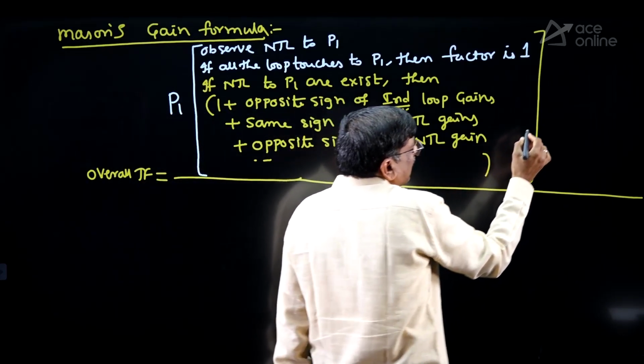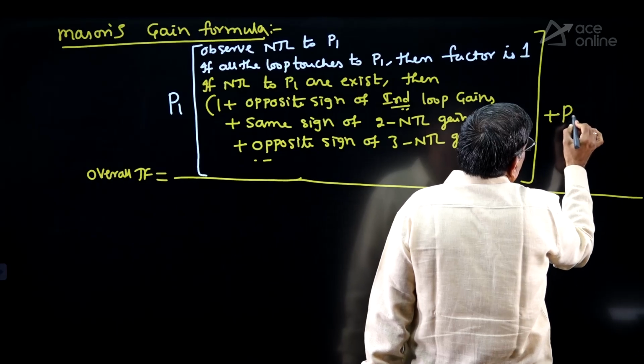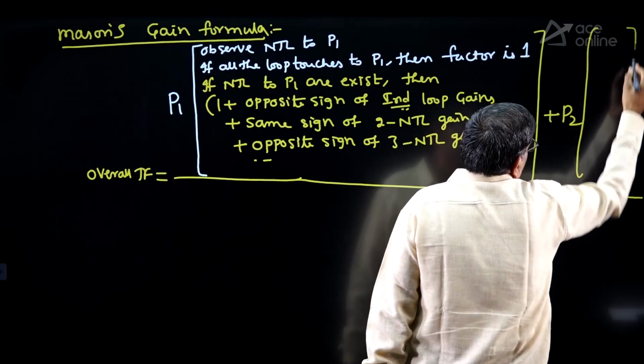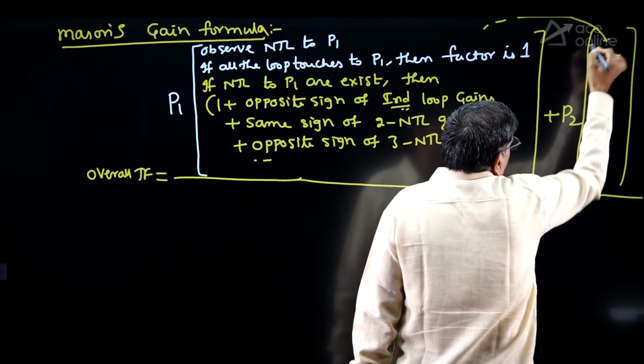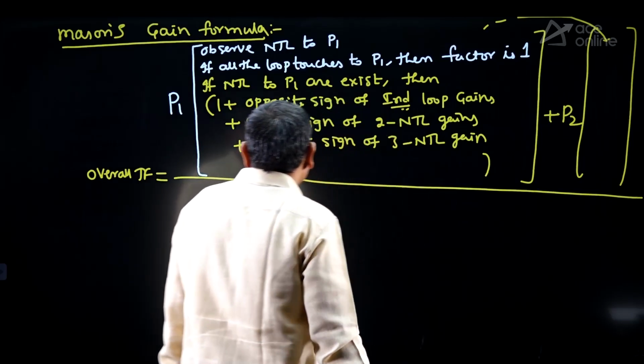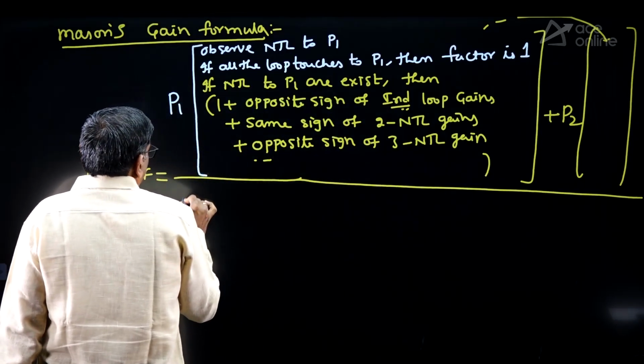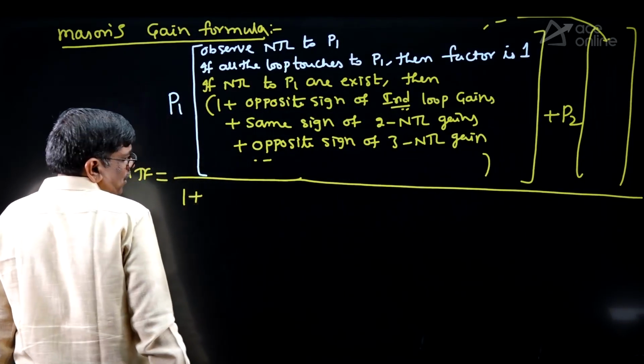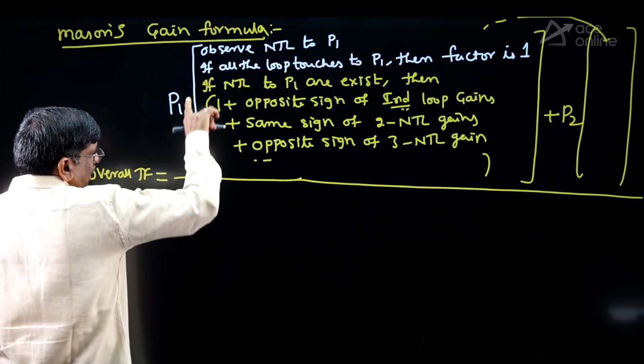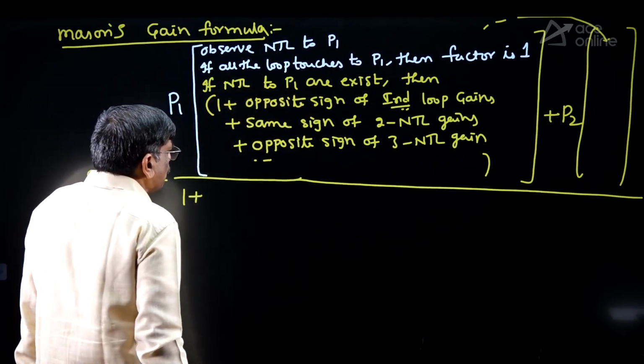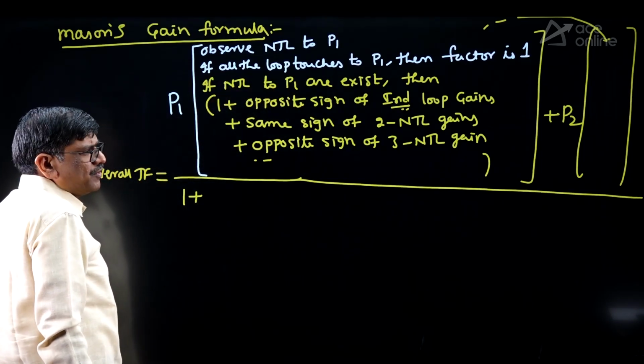Then plus, again the same thing you have to repeat: P2 into the same thing. Like this only you have to repeat, divided by delta. In delta you should consider all the loops, whereas in the numerator you consider only the non-touching loops.